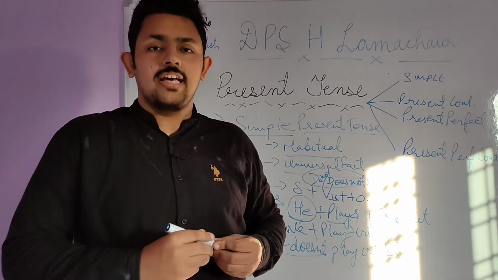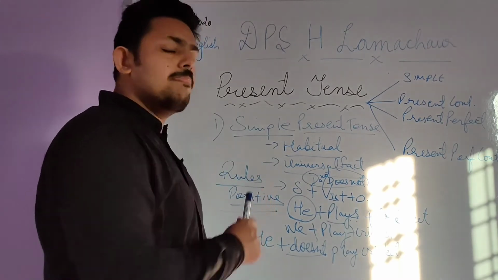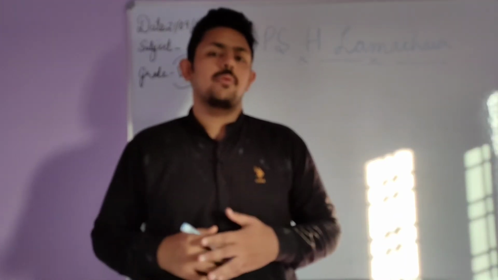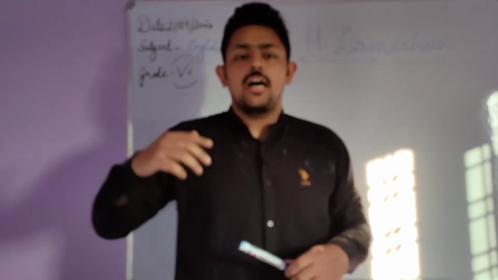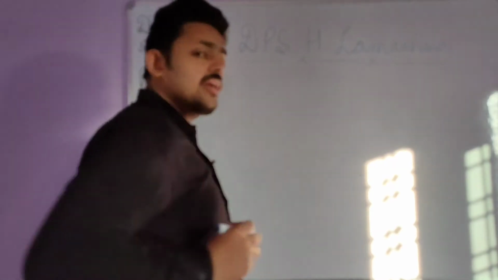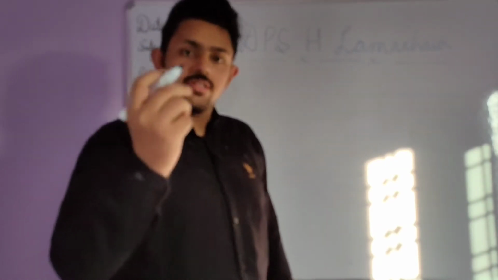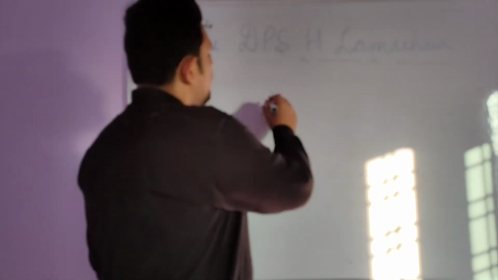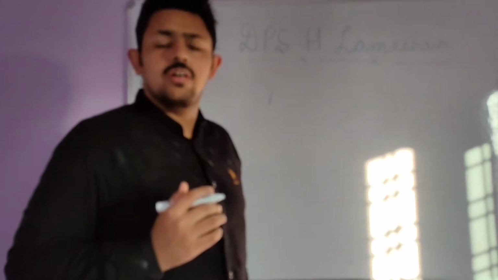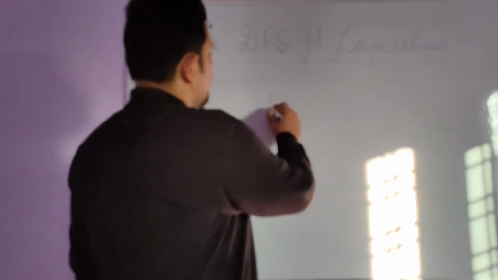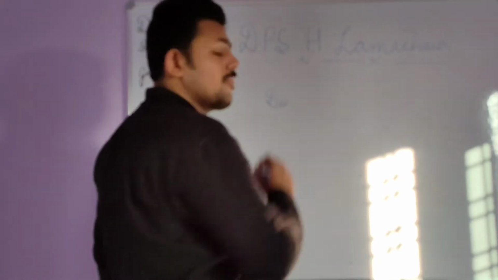Now we will see the interrogative sentence of simple present tense. How do we use simple present tense when we have the interrogative sentence? For the interrogative sentence, we will put either the interrogative word or do or does before the subject.